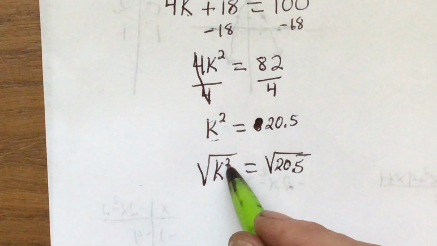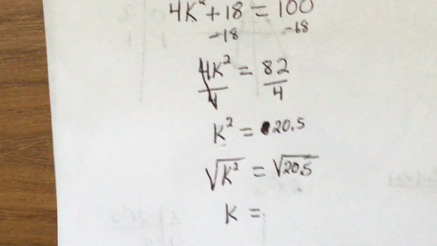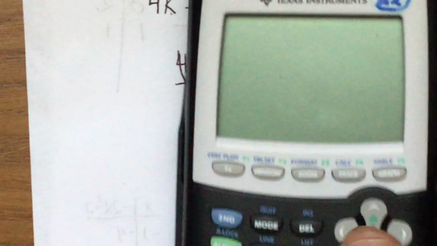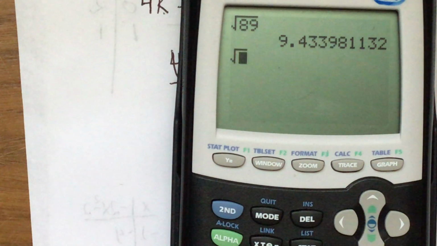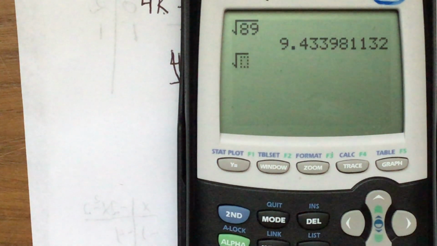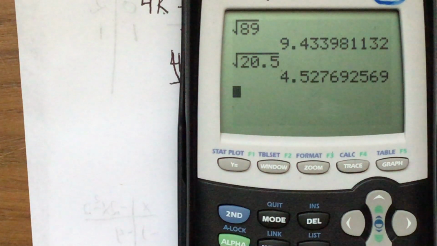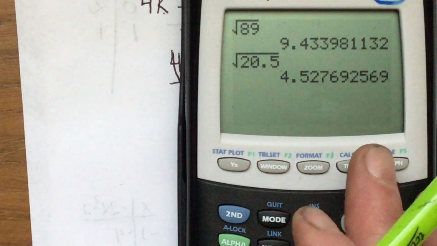All this does is take the square off. So k equals. And now, in my calculator, second, x squared brings up the square root, 20.5. Enter. Round it off to the nearest tenth, 4.5.